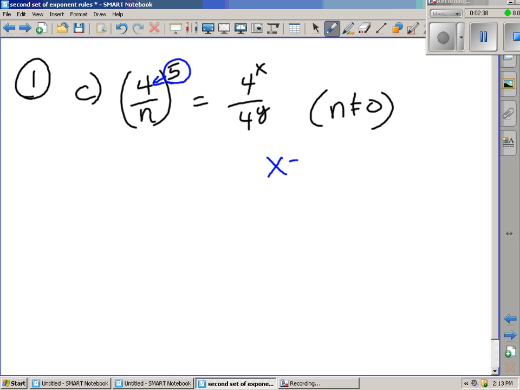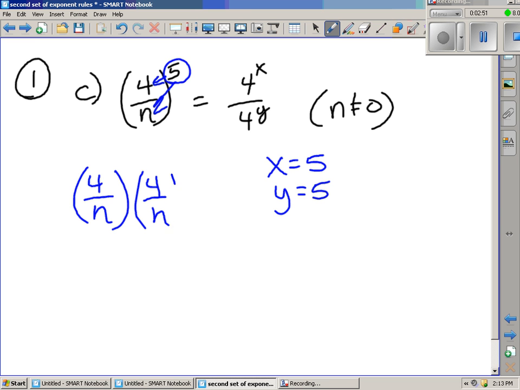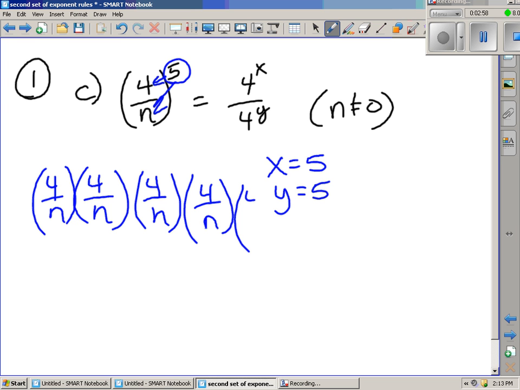Letter C, 4 over n to the power of 5. So let's follow the rule. The 5 goes to the 4, so x must equal 5, and the 5 goes to the denominator, so that means that y must also equal 5. And if you would write it out, the base should be written out 5 times.